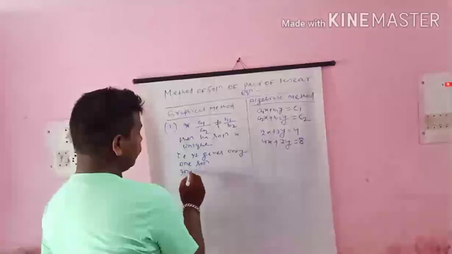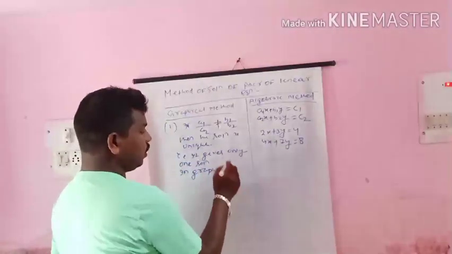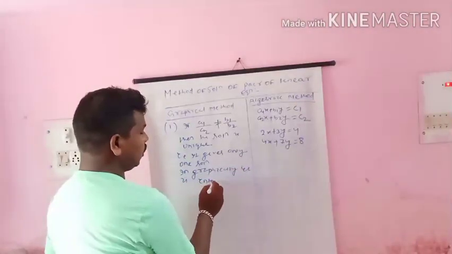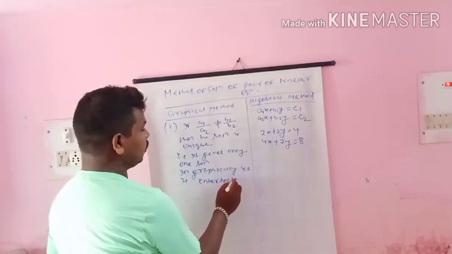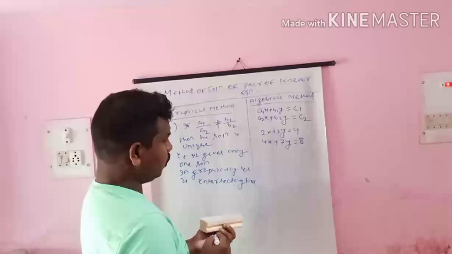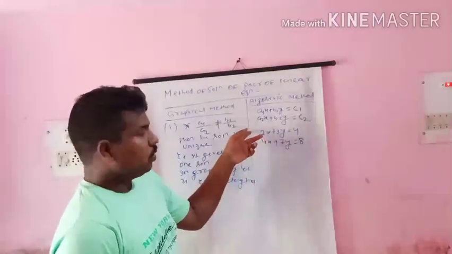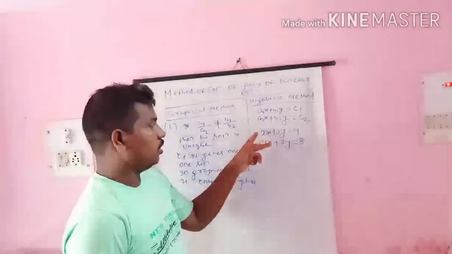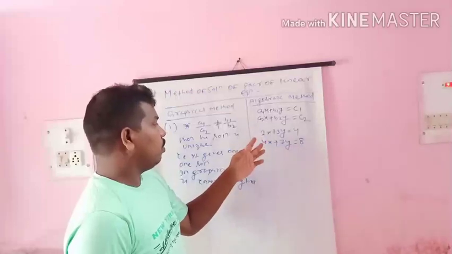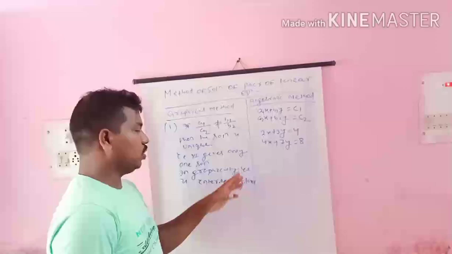Graphically, it is intersecting lines. In the previous video we cleared that a pair of linear equations always gives two straight lines, and we check one by one what type of solution two straight lines will give from this condition.